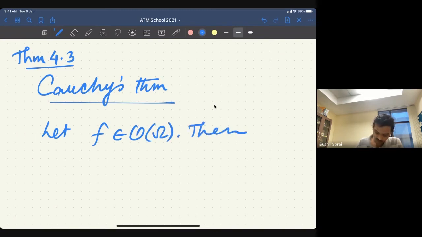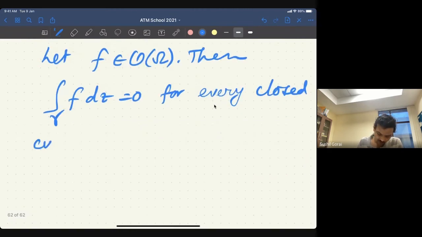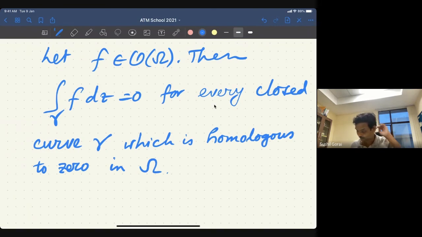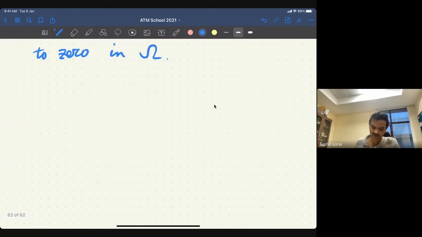Then the integral over gamma of f dz is 0 for every closed curve gamma which is homologous to 0 in omega. Well, again, because of time constraints, we need to give a pictorial argument.